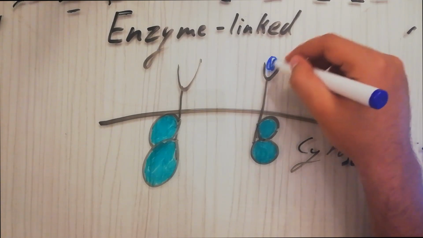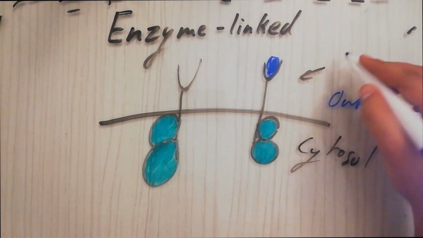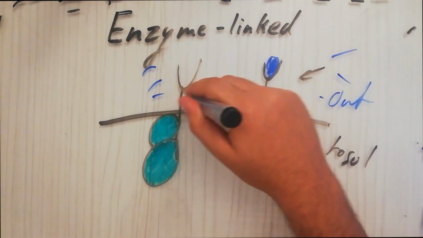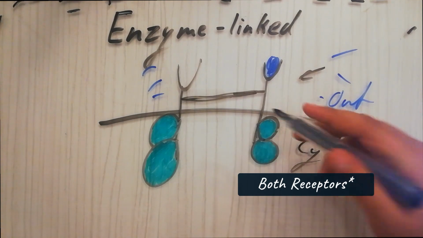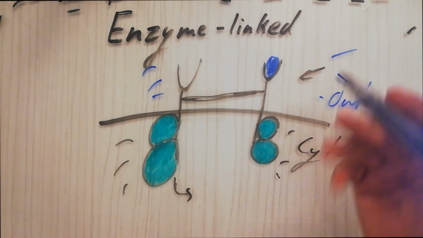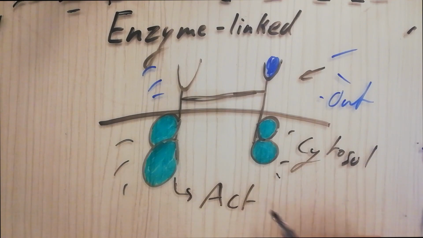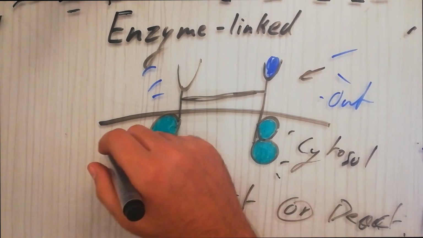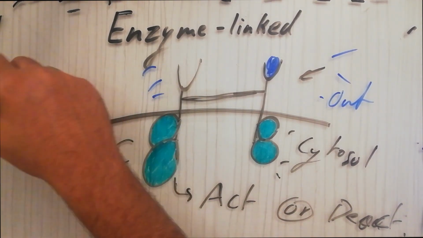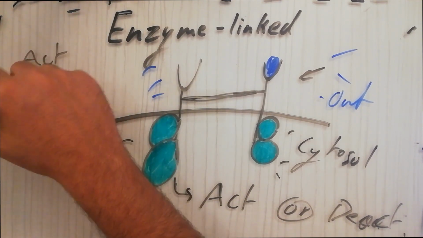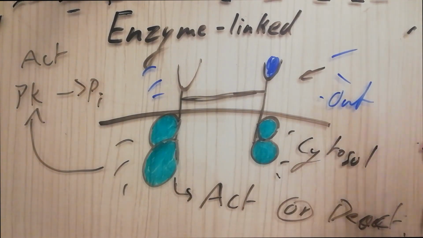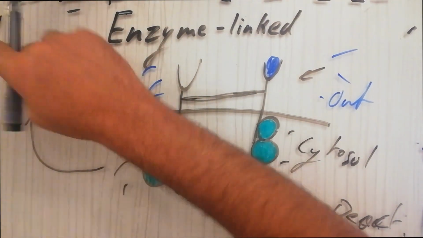When a ligand binds to this receptor, it causes the receptor to be activated and undergo a conformational change that causes both enzymes to be linked together. When this receptor is activated, it either leads to the activation or deactivation of the enzyme on the inside of the cell. Usually, it leads to the activation of a protein kinase, which causes the phosphorylation of a specific protein.